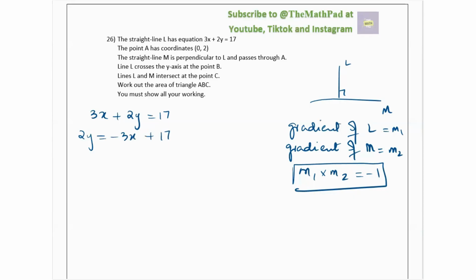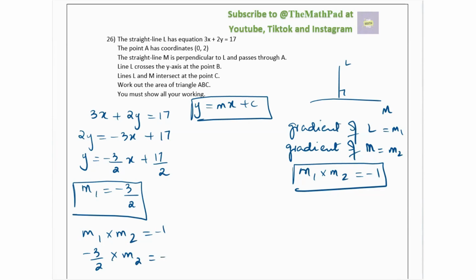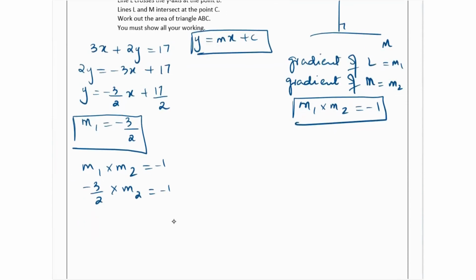This way, we can figure out what the M1 value is. So y equals -3 over 2 x plus 17 over 2. M1 is -3 over 2. Gradient is always the coefficient of x in slope-intercept form. Slope-intercept form is y equals mx plus c, in case one of you doesn't know about that. So, which means M1 times M2 is -1. -3 over 2 times M2 is -1. So M2 would be 2 over 3.